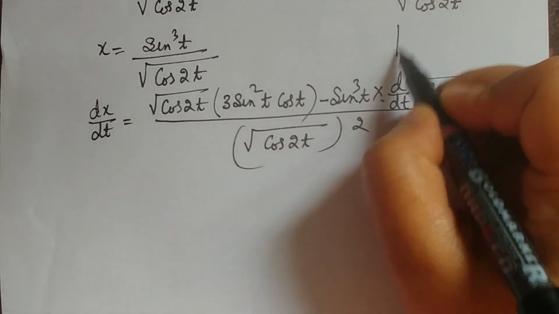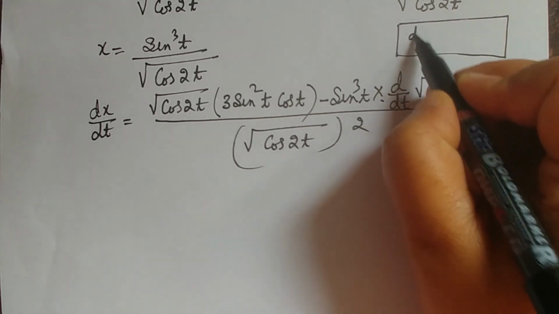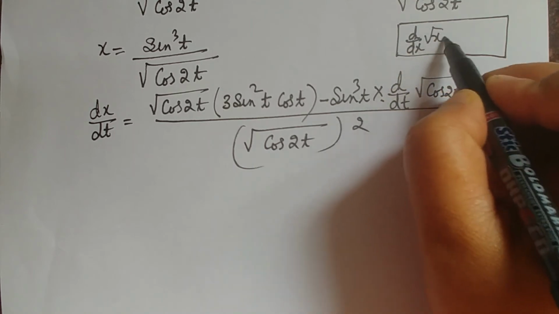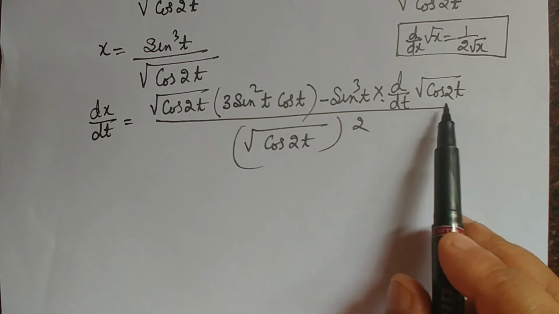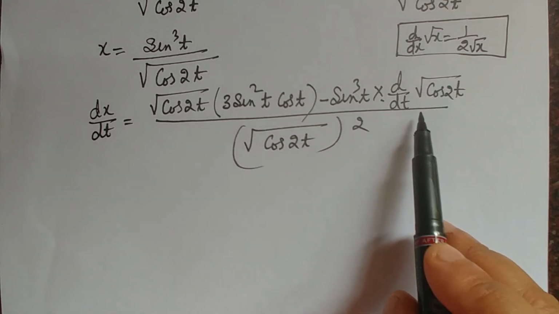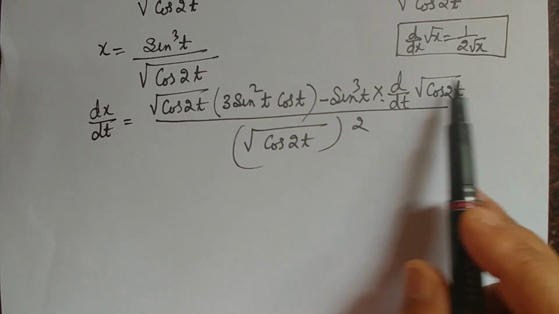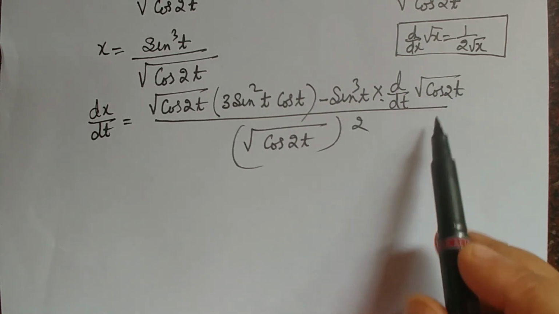Now you should remember that the derivative of root x is always 1 by 2 root x. So if it is root x, the derivative will be 1 upon 2 times under root of this into d/dt of this, cos 2t.